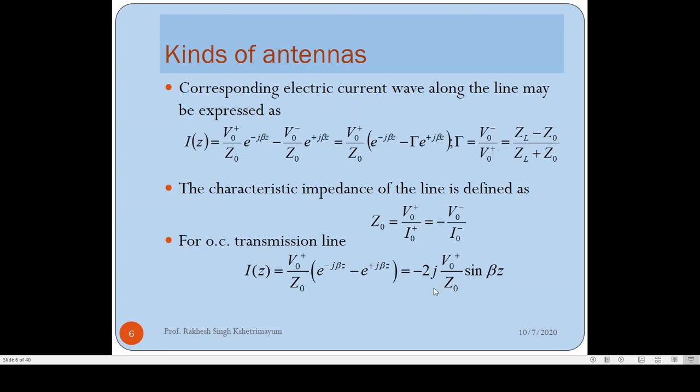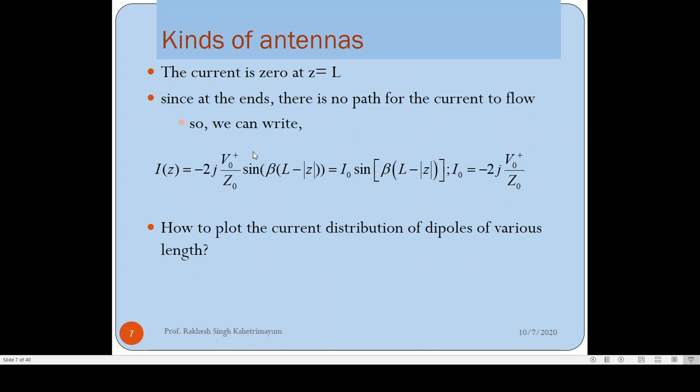At the two ends the current should be equal to 0, so we can make a simple modification in the expression for the current at any specific location z as minus 2j V0 plus by Z0 sine of beta times (L minus modulus of z). With this modification, whenever z becomes plus L or minus L, current will become 0.